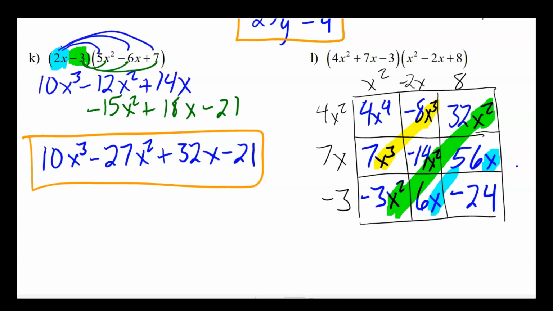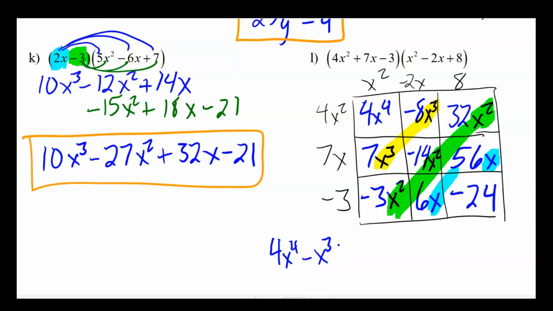Okay, so my last step here is to write my final combined answer. So 4x to the 4th, 7 minus 8 is negative 1, so negative x to the 3rd. Oh my gosh, 32 minus 14. What is 32 minus 14? Oh my goodness, 16, 18. 18 minus 3, 15.